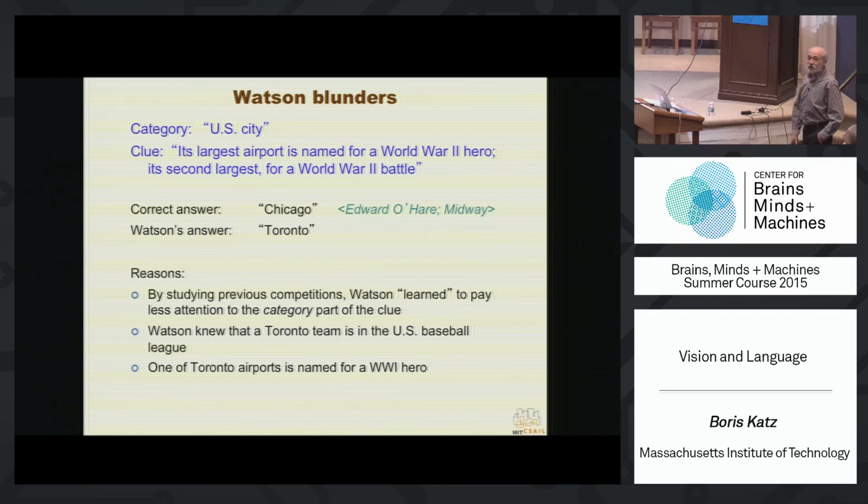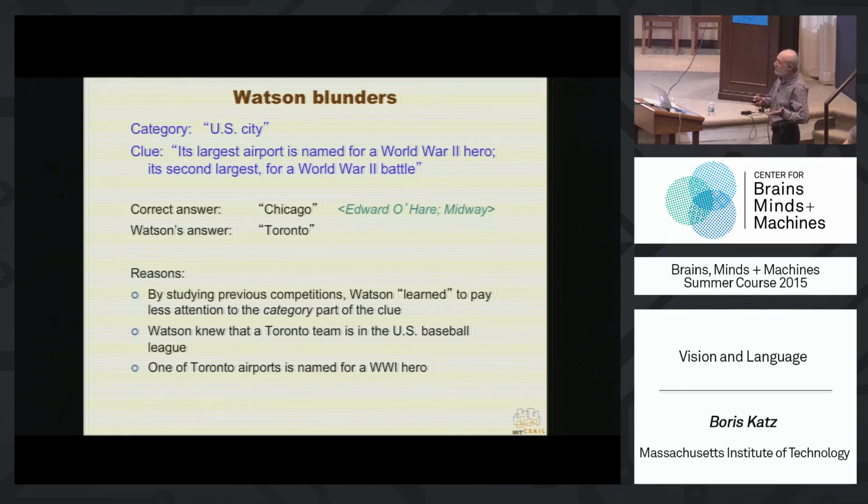Those of you quick at that will know that in Chicago there is O'Hare Airport, named for a famous hero, and the second airport is called Midway, a famous battle in the Second World War. And Watson presses the button and says Toronto. There's a gasp in the audience, and also in tens or hundreds of millions of television sets around the world. And again, there are some stupid reasons.